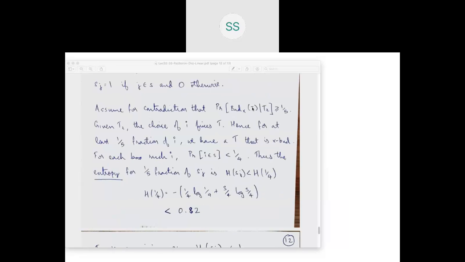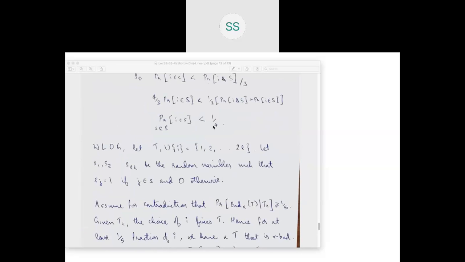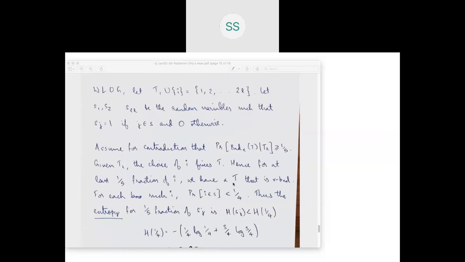This means that the probability is over the choice of t. So there are 2L possible choices of I, because T2 is fixed. For at least 1/5 of these 2L choices, we have a t that is x bad, which means for those t, the probability that I is in S is at most 1/4.